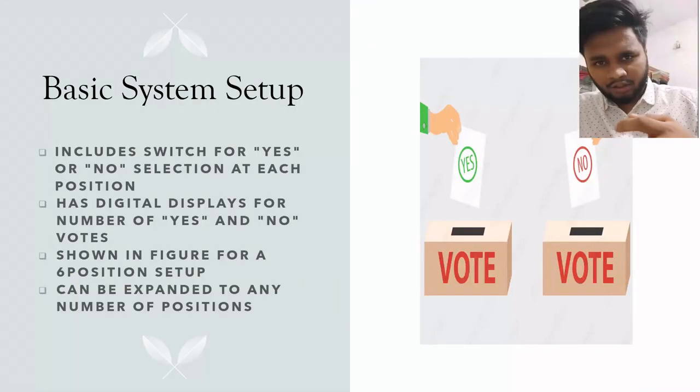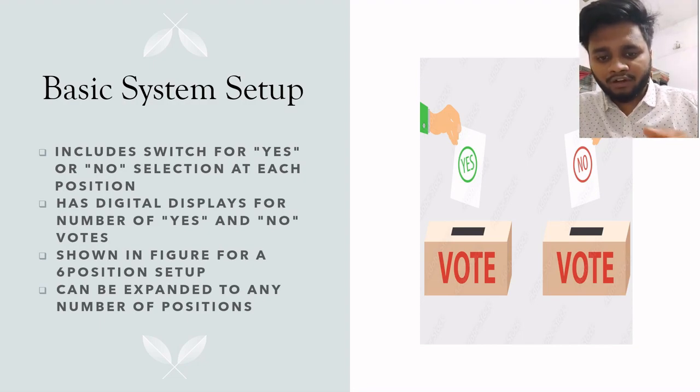First, we set up all switches connected to the input pins of the system by connection wires. These switches are configured to ensure accurate input reception. Then binary inputs from all positions are fed into the IC 7483, which performs binary addition.